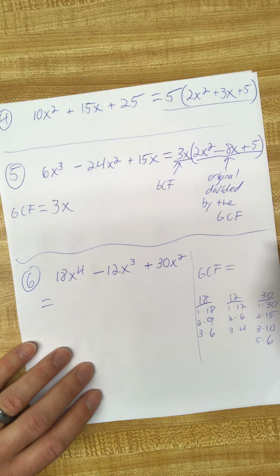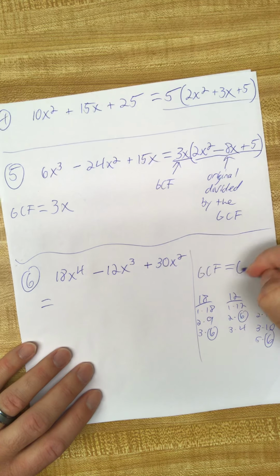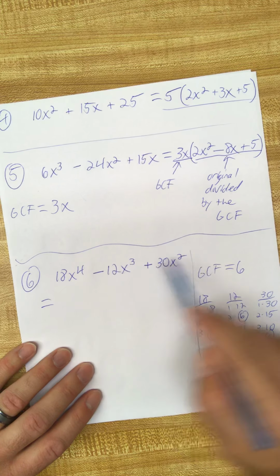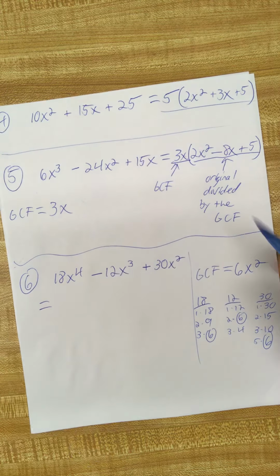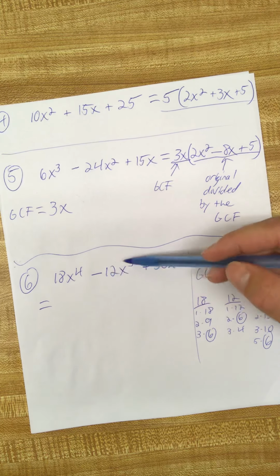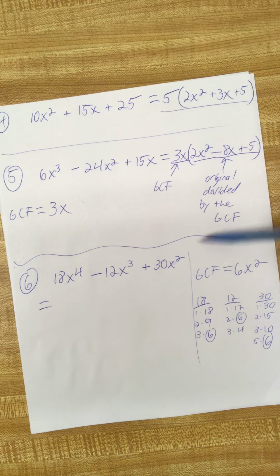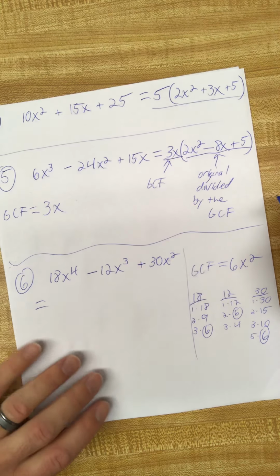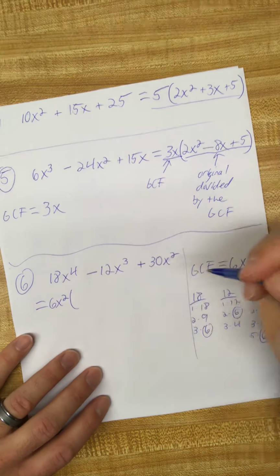So that means my GCF here is going to be 6. Now with the x's, I have 4 x's here, I have 3 here, I have 2 here. So I can take 2 from all these. Again, you can't take 4 or 3 because I only have 2 of them right here. It's the most I can take. This is like saying you got $2. What's the most money I could take from you? The most I could take from you is $2. So my GCF is 6x squared.